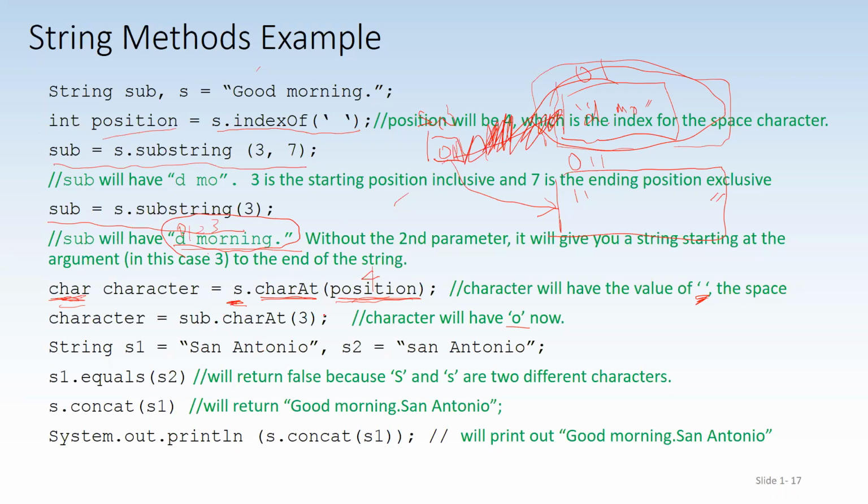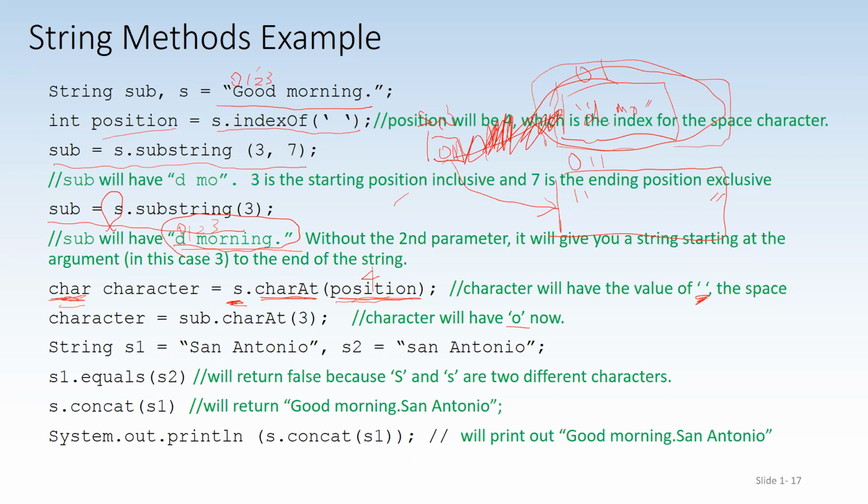Because character 3 is O. Character 3 is O? No. Because it's good morning. No, see what S is, right? That's S. Okay, 0, 1, 2. Oh, okay. I see. So we start at 0. I had G as 1. That's why. Okay. Anyone else?